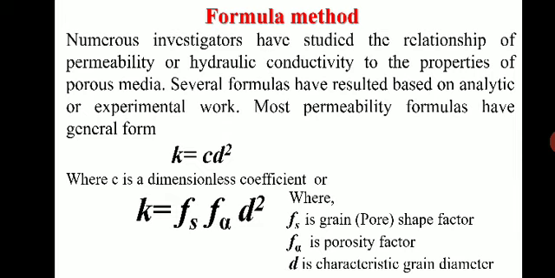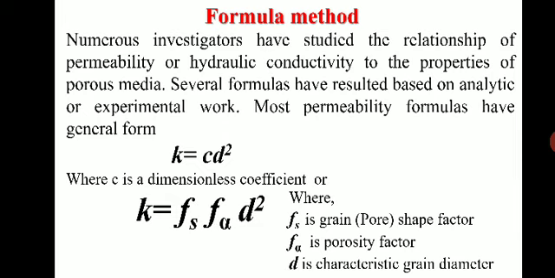Several formulas have resulted from analytical or experimental work, and most of the permeability formulas have a general form, that is K = CD², where C is the dimensionless coefficient. Or K is also written as K = Fs Fα D².